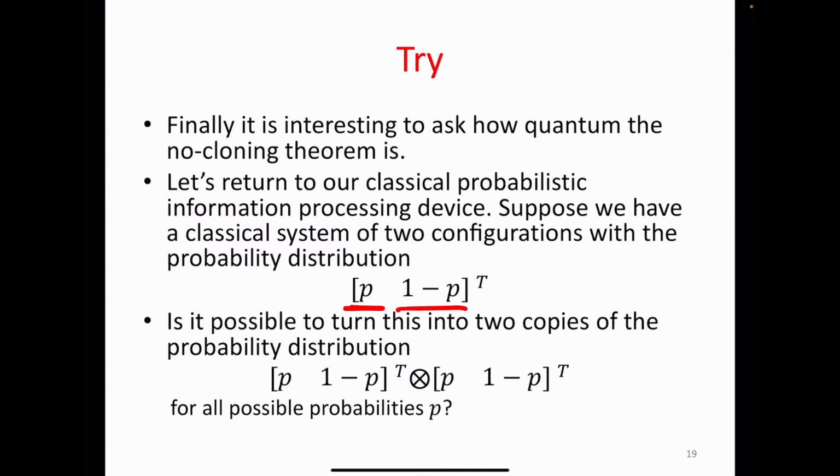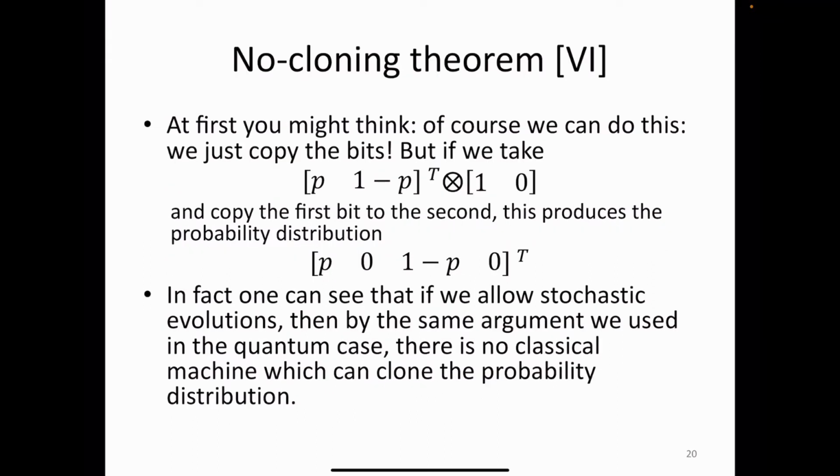So now is it possible to turn this into two copies of the probability distribution? For all possible probabilities of p, that's the question that we ask ourselves. Here, at first we may think, of course, we can do that. We just copy the bits.